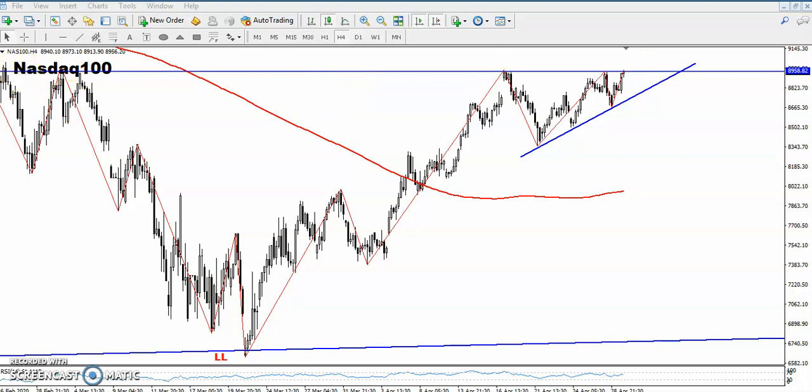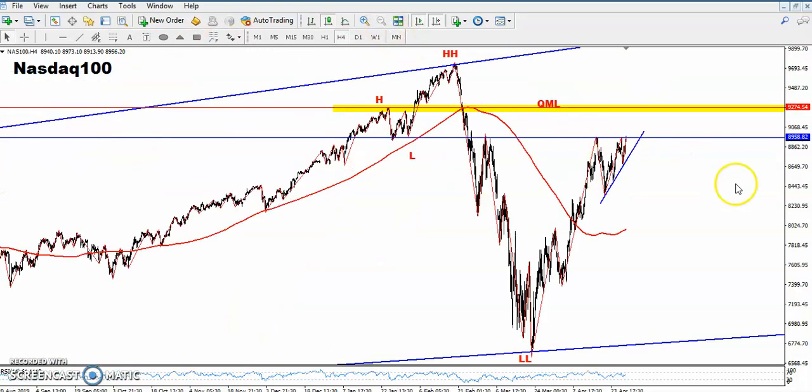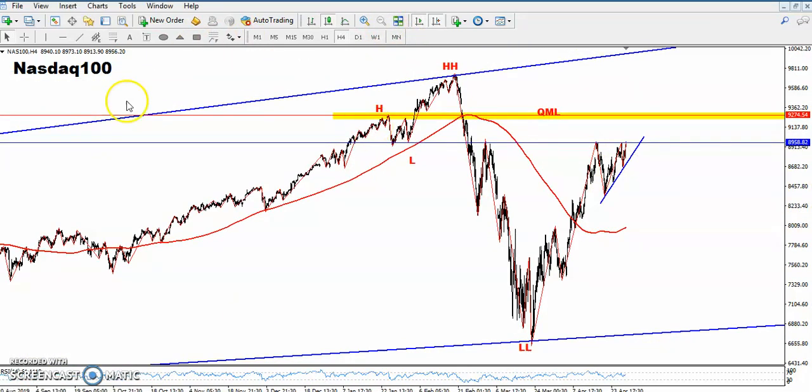Why are we buying? We are looking at that pattern that I've just shown you from that picture over there. Then we will be targeting this QML level again. If it's not going to hold, then we'll continue enjoying our up move until it reaches those levels up high there.